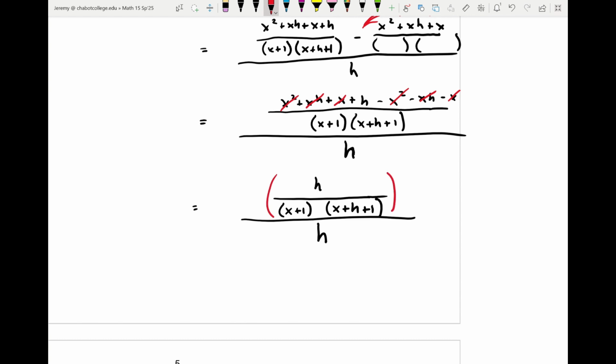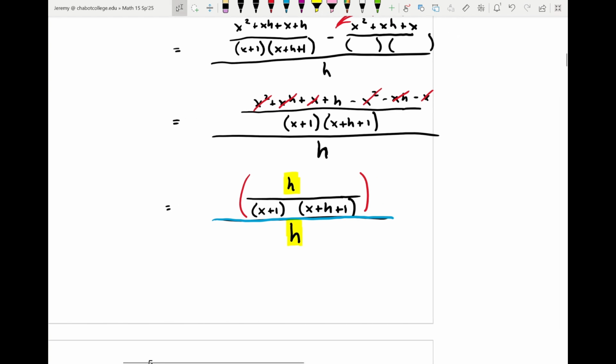The way that I think about this is there's a main fraction bar. Maybe I'll highlight it with blue. There's a main fraction bar there. And we can simplify. I'm noticing that we have this h in the numerator up here, and then we have this h in the denominator down here.